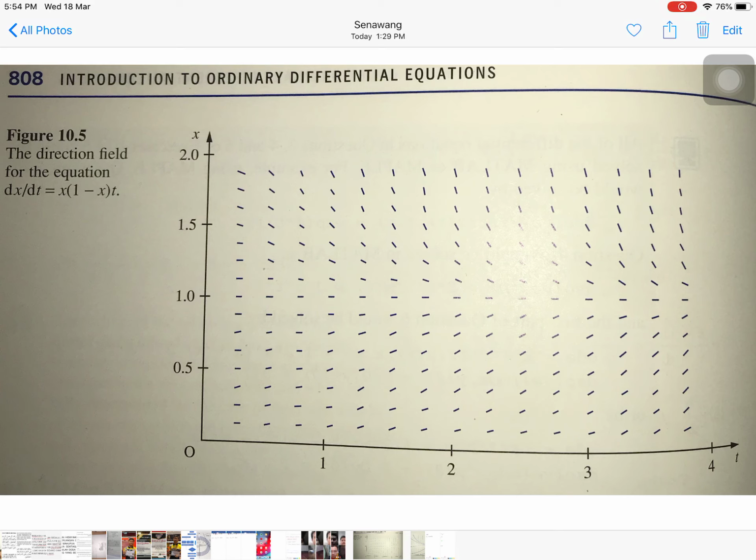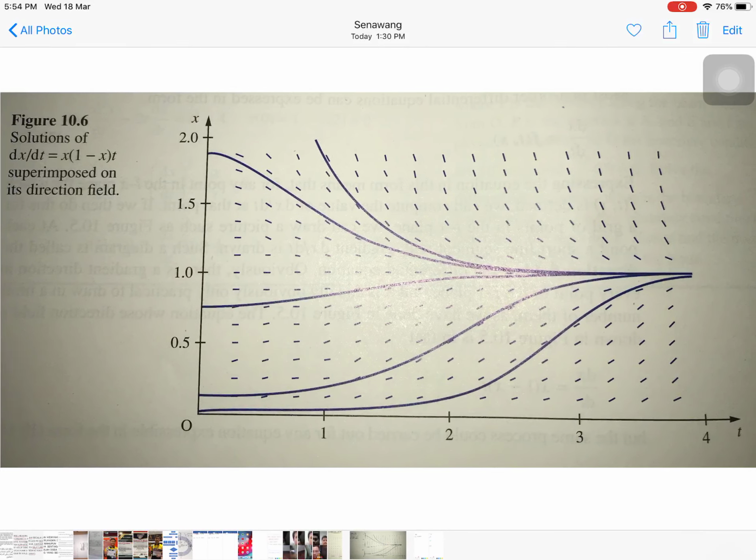So we can put multiple lines in agreement with these gradients, or direction field. For example, we have 5 lines right here, and all of them agree with the direction field.